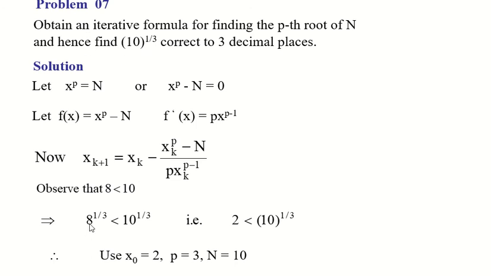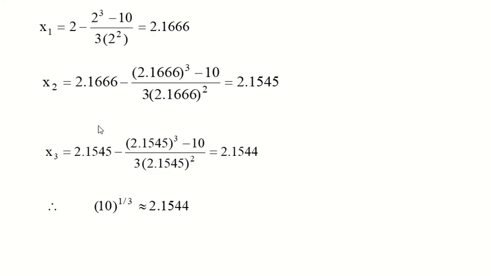Already you know the cube root of 8 is less than the cube root of 10. What is the cube root of 8? It is 2. So you can take x naught as 2, with p as 3 and n as 10.